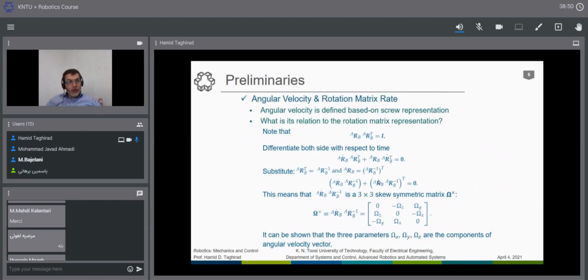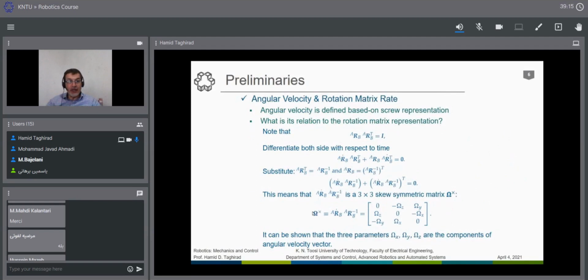Now, this can be proven in many ways, and if you look into different books, this proof has been given in different ways. But I will use another very important rule to prove this part. Now, we call it omega x because of some reasons.